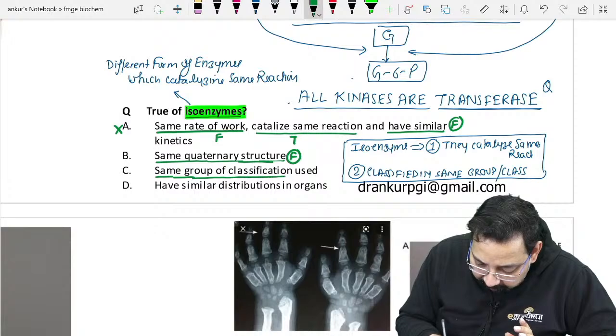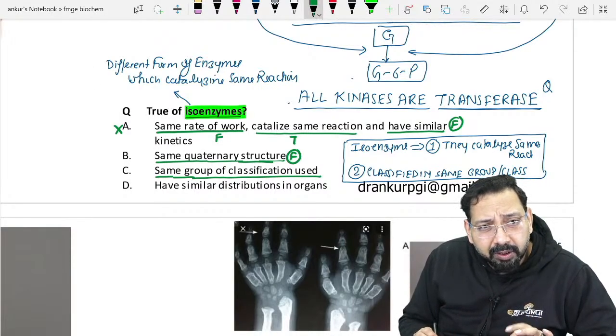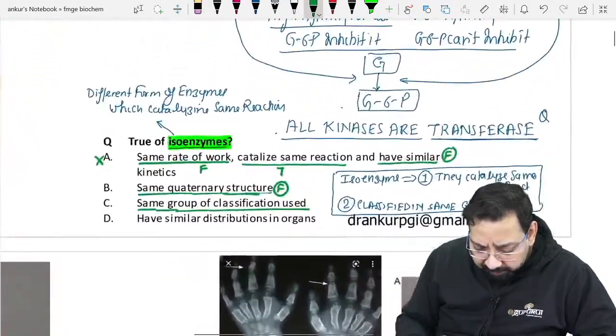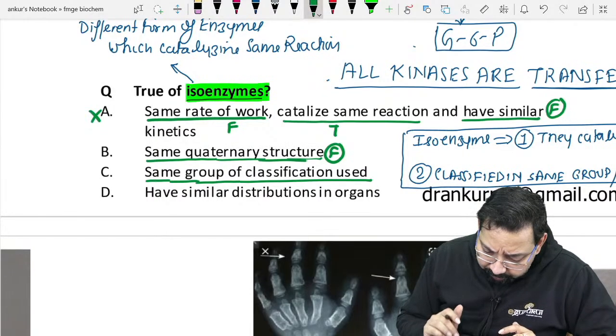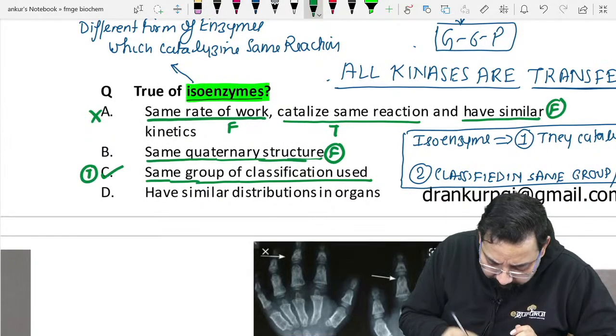Yes, I will increase the speed shortly, don't worry. Initially we are introducing how we will proceed in biochemistry and how we will integrate different things at the same time. Same group of classification used, this is true. This is the answer.